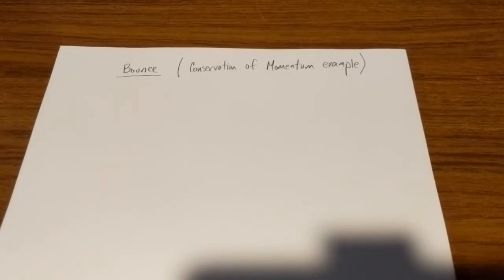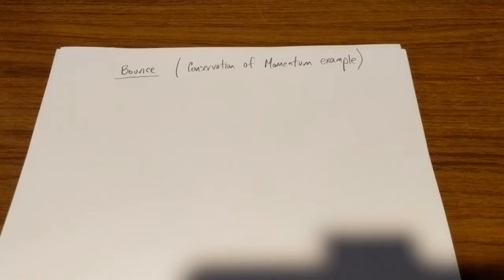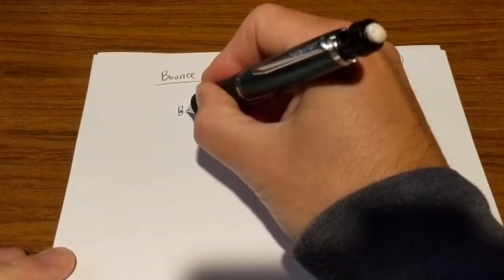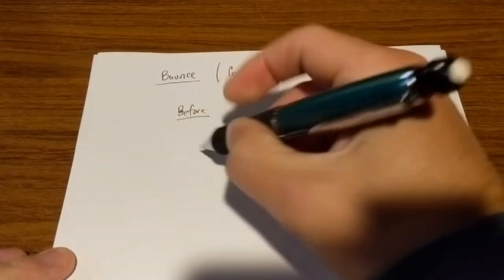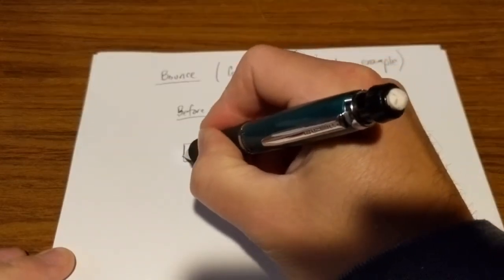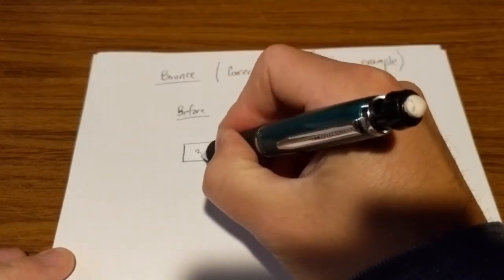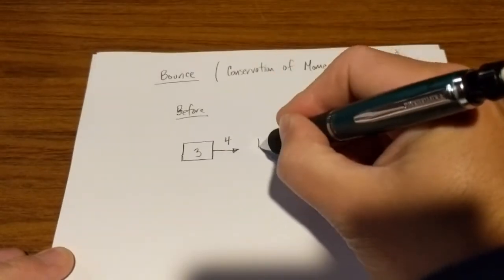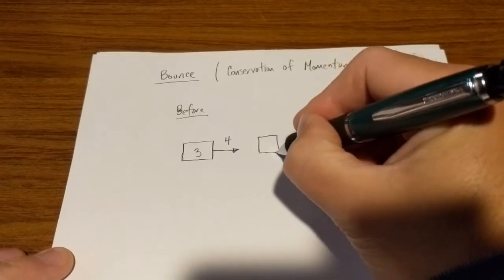Suppose now that we explore a situation where two masses did have the kind of interaction that you just saw, that is, that they bounce off of each other. I'll now show you how to use the conservation of momentum to solve problems that are like these sorts of situations. For our example, we'll imagine that in the before state in the system, there's a mass of 3 with a velocity of 4 headed toward a stationary mass of 1.